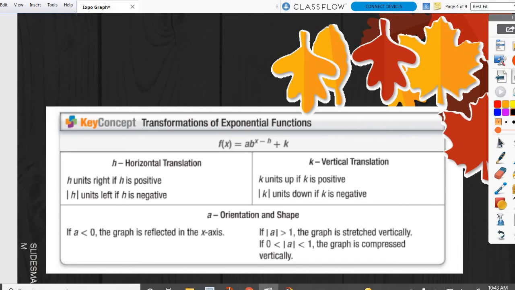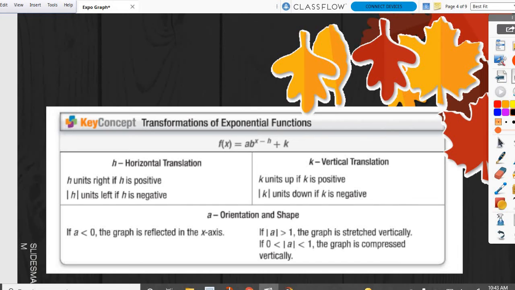So notice that my h is what moves it left and right and it's in the exponent. But it still works the same way, that it's the opposite direction of the sign. So if we have -2, it would move it to the right 2 spots. We have +2, it would move it to the left 2 spots. The plus k on the outside is still what moves it up and down.